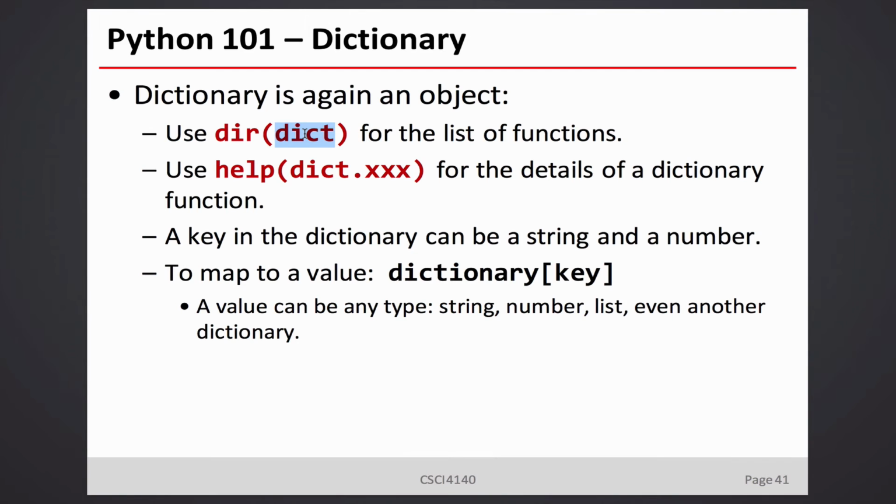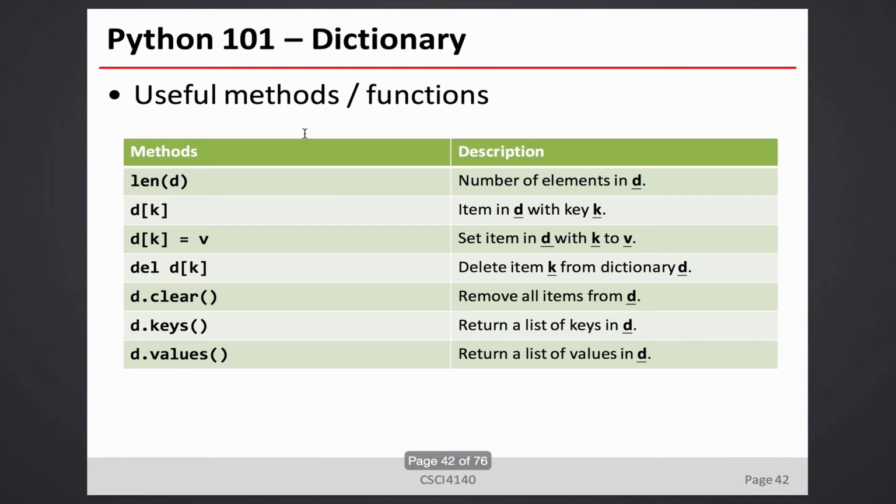The set of things here are delete, clear, look up the list of keys, look up the list of values. These two are very handy. And the length: how many members do you have?